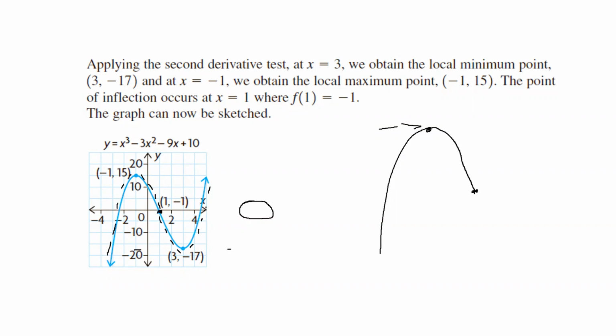So we found the first set of points, and now we need to find the points of inflection. To find points of inflection, you need to set the second derivative equal to 0 or undefined. Make sense? Any more questions, guys? That's everything.